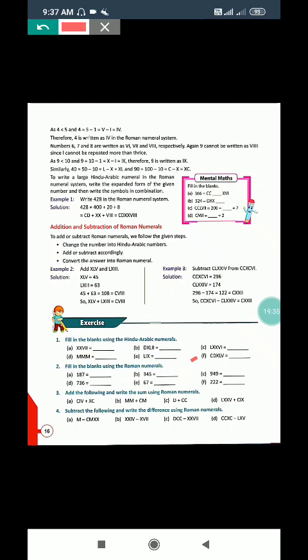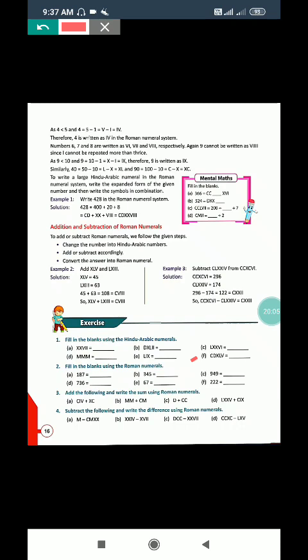The value of C is 100 and the value of D is 500. Here the value of X is 10, the value of L is 50 and V is 5.